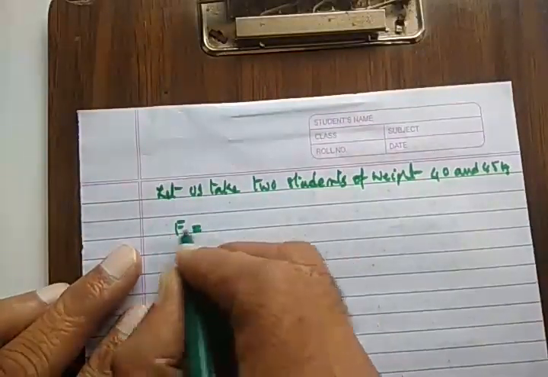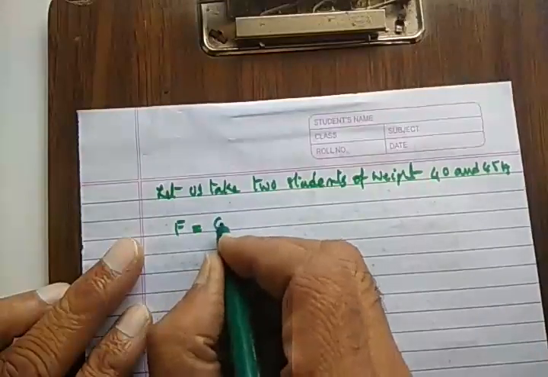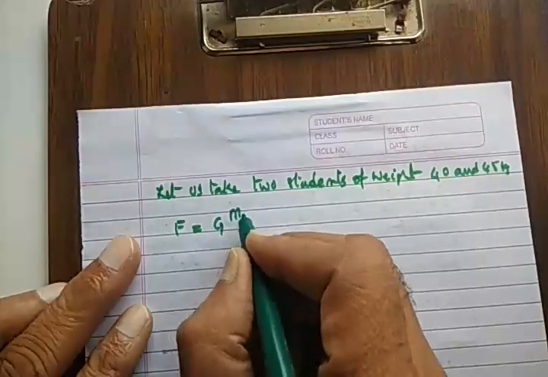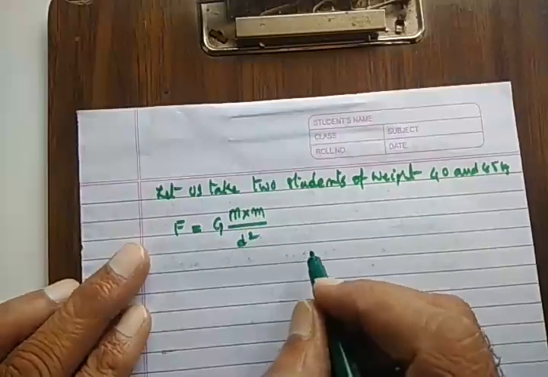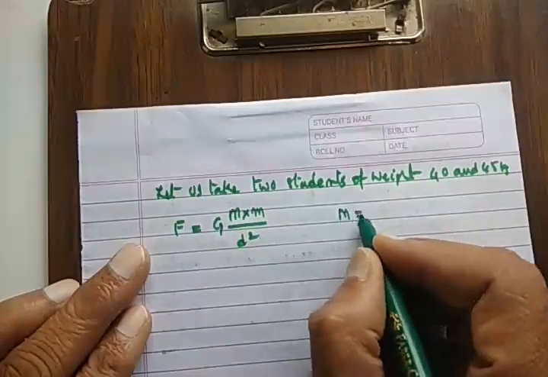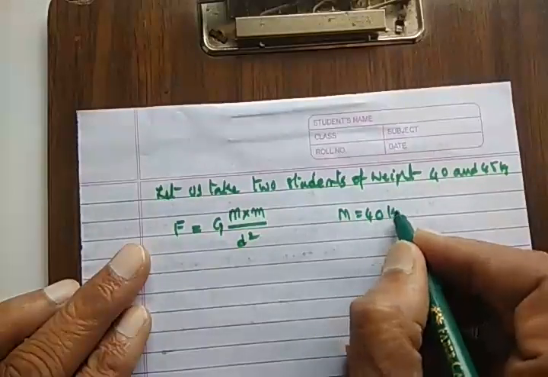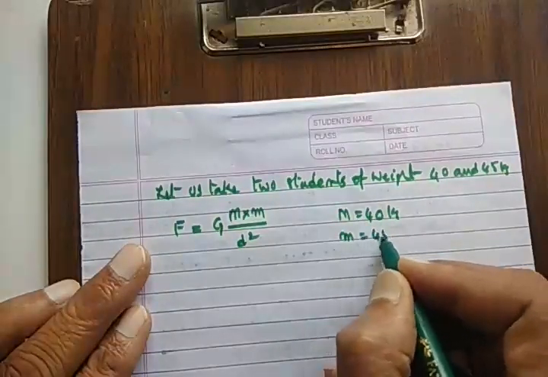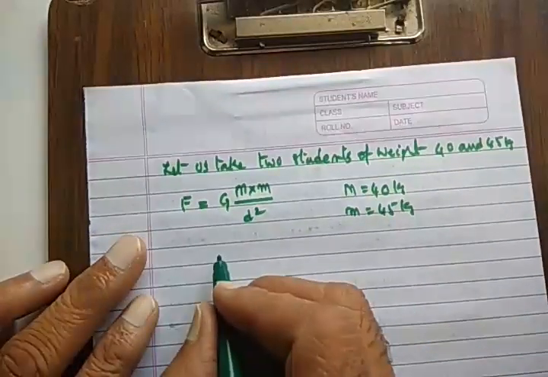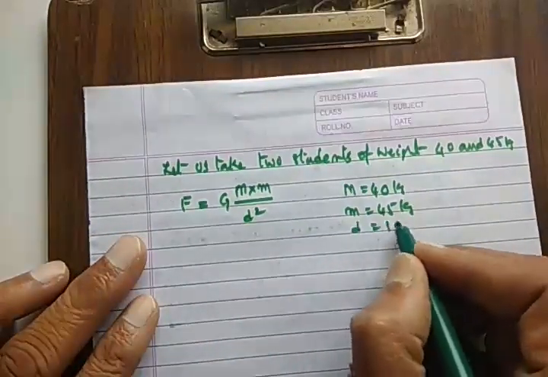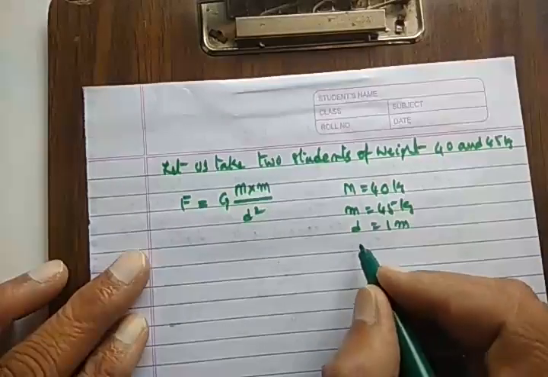So the formula is F is equal to G M m by D square. Here let us take capital M as 40 kgs, small m as 45 kgs. Now substitute distance, I will take it as 1 meter for easy calculation.